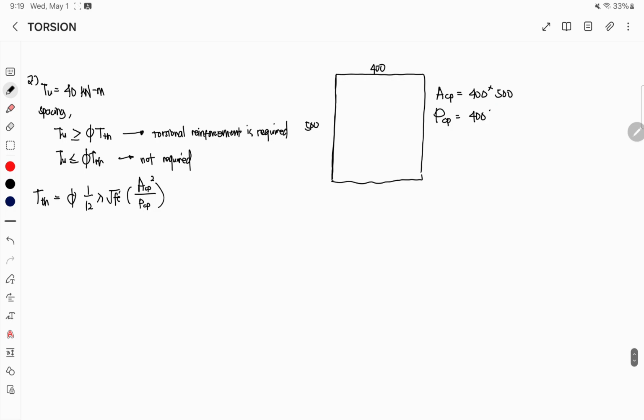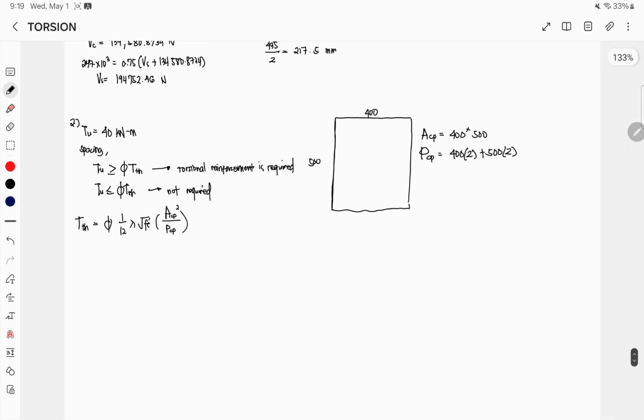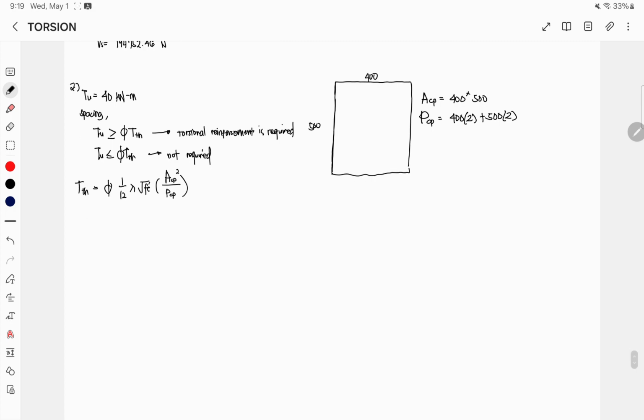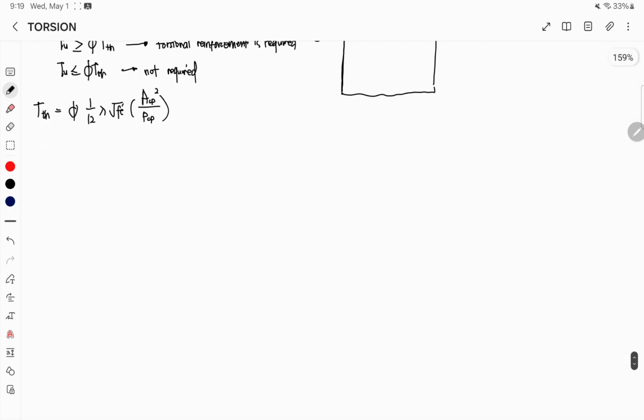So we have two 400s for the bw, plus two 500s. Let's put the values here.